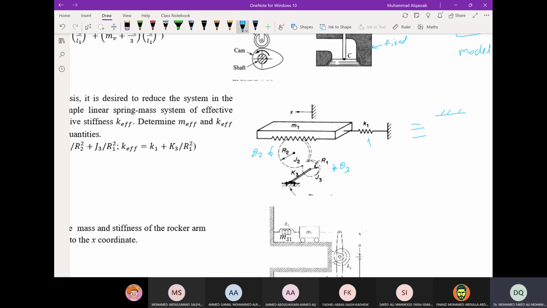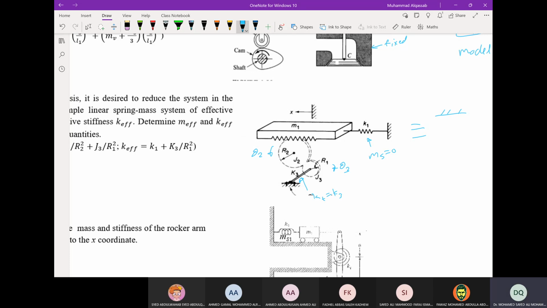This is massless, so there is no mass here. This is a torsional shaft. This is a shaft, so it is providing a torsional stiffness. You can take its moment of inertia as 0 for the shaft. It's only providing KT or K3. KT equal to K3 here, as mentioned. Just use KT equal to K3.